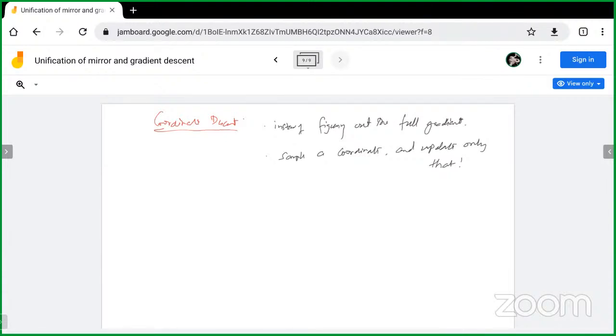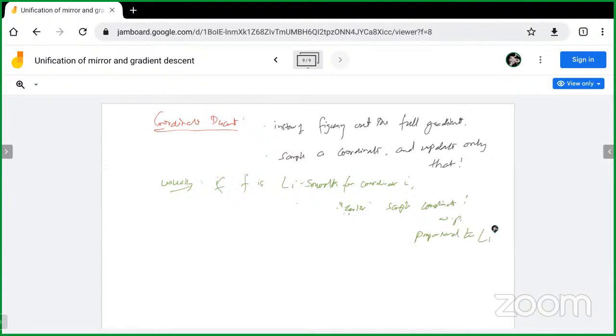Now usually, if the function is L_i smooth for coordinate descent, then earlier the idea was to sample coordinate i with probability proportional to L_i.